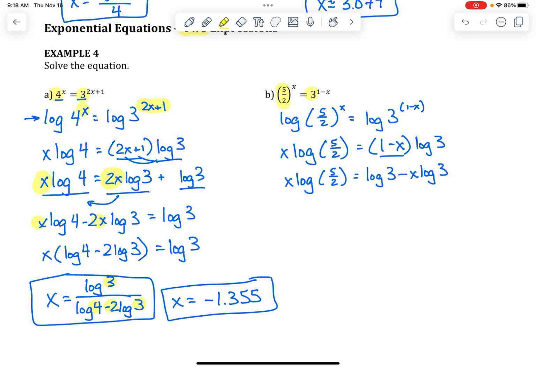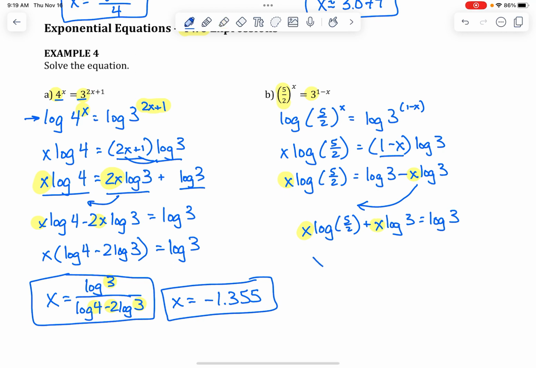And then we have an x term here and an x term here. I want to bring that over. So I have x log 5 halves plus x log 3 equals log 3. And now we have to factor the x's.